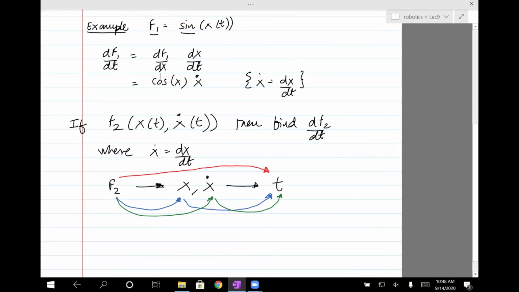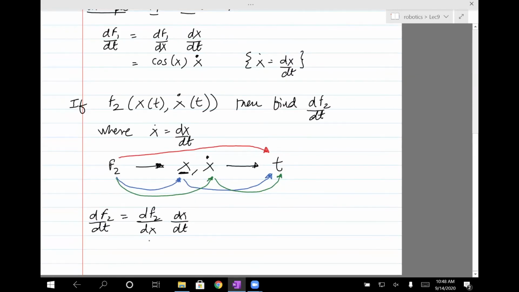And that's written like this: df2/dt equals df2/dx times dx/dt. So that's the first part, taking care of the first variable. You can call that the blue arrow.